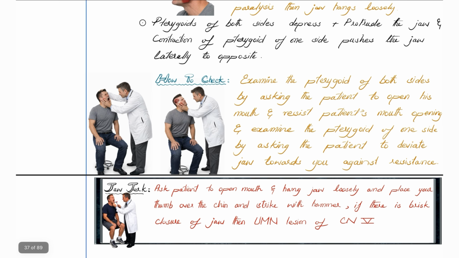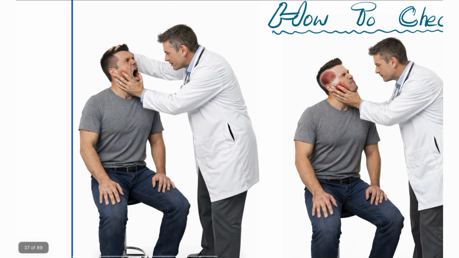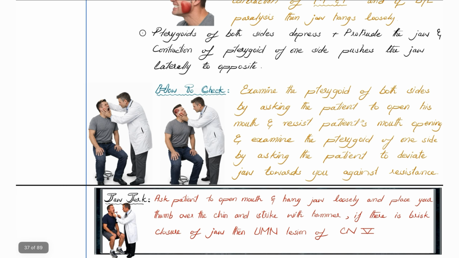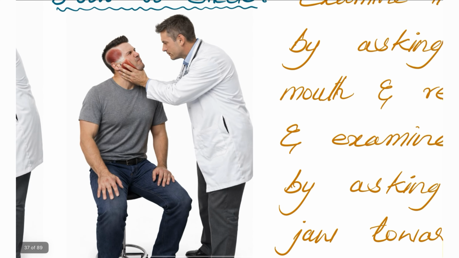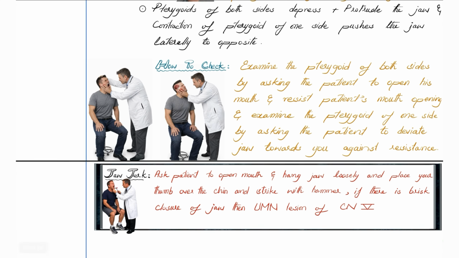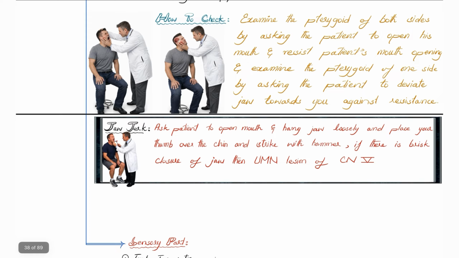And how you should examine it: examine the pterygoids of both sides by asking the patient to open his mouth against resistance, and examine the pterygoid of one side by asking the patient to deviate his jaw towards you against resistance. And to evaluate the integrity of the motor part of the trigeminal nerve, test the jaw jerk.